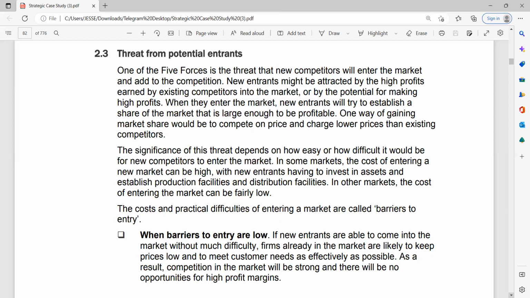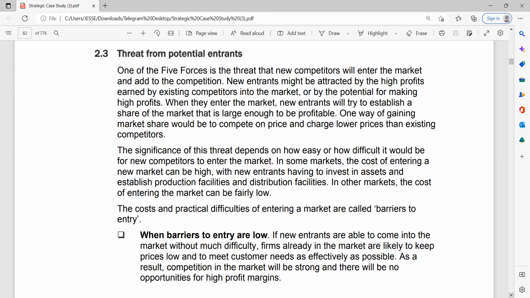right? So the significance of this threat is basically dependent on how easy or hard it is for new competitors to enter the market. If there are some costs to entering the market, there are some barriers to entering the market, then it will be difficult for new competitors to enter the market, and therefore competition will decrease.